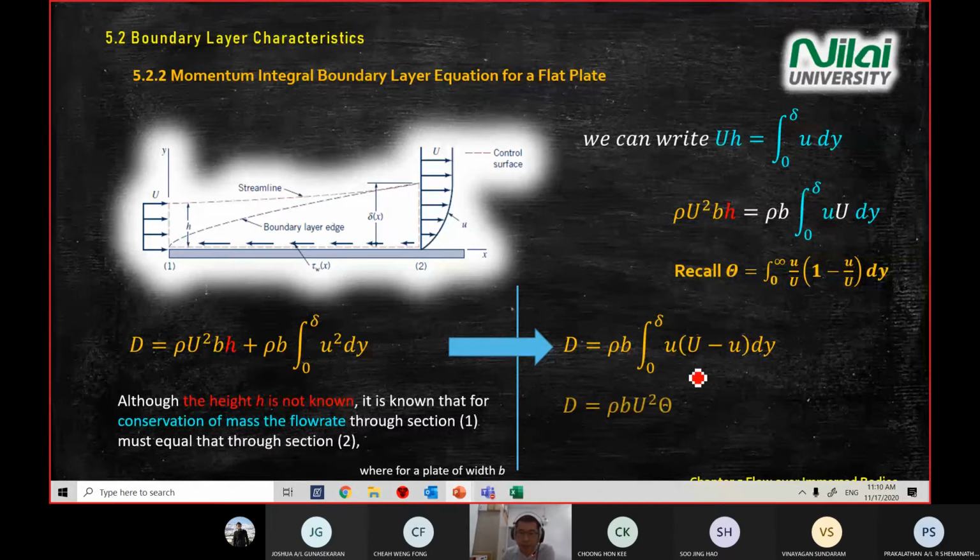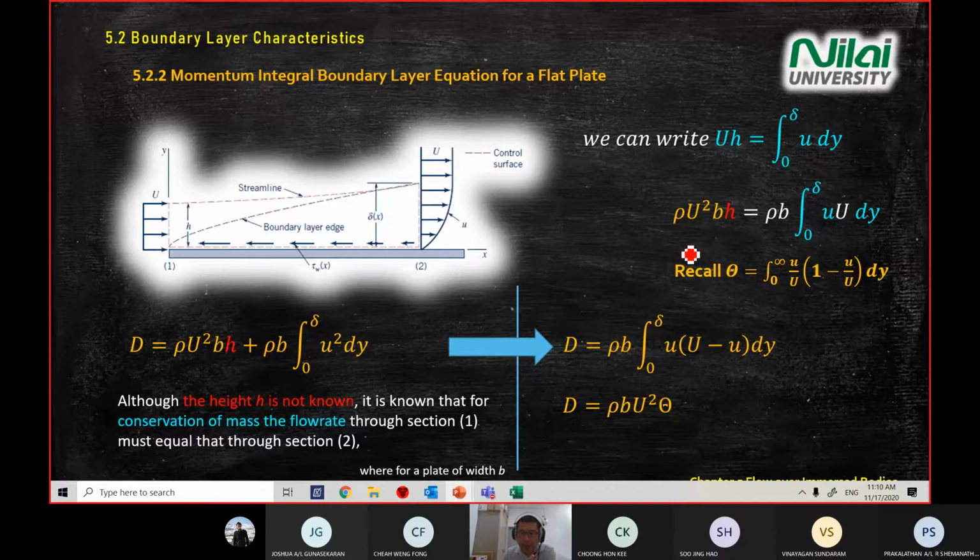So we compare this equation to this equation. Then we can write our D equal to rho B U square and our momentum thickness like this. I skipped the detailed steps here, so I just explained how we get this one.